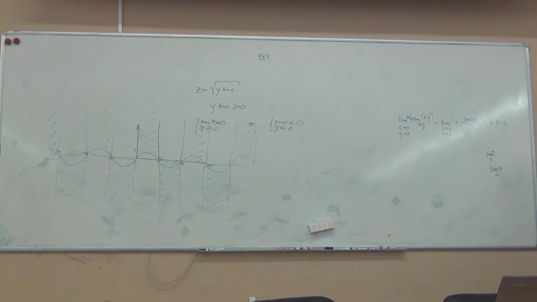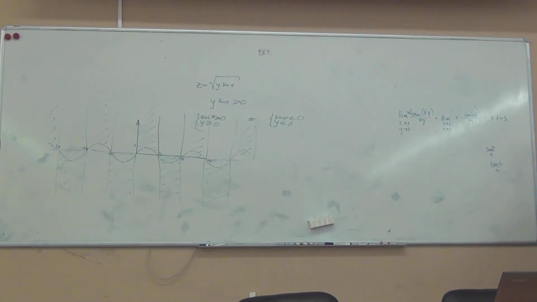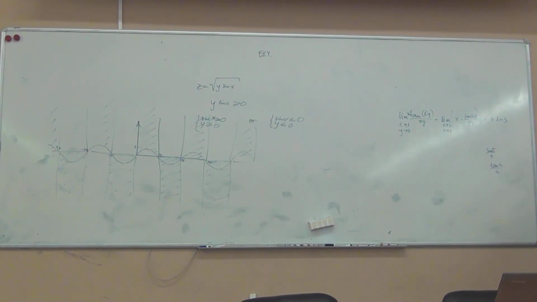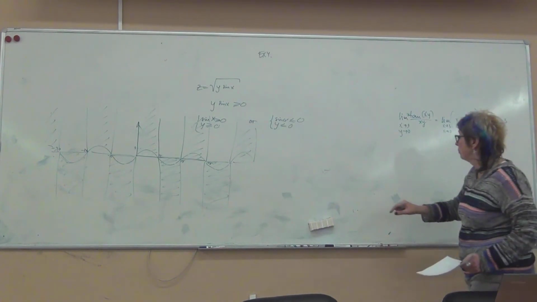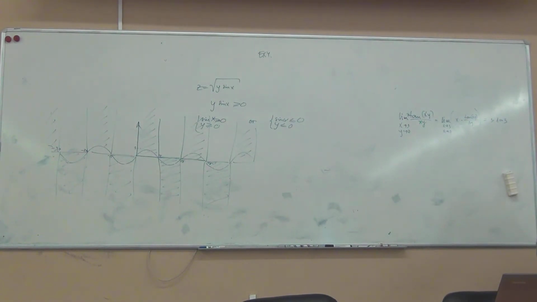Or I could do it as two repeated limits. I could take, for example, first x tends to 3, and then we would have 3 times tangent 3y divided by 3y, or in the other order. There must be y tends to 0. Yes, because y tends to 0, we have this.